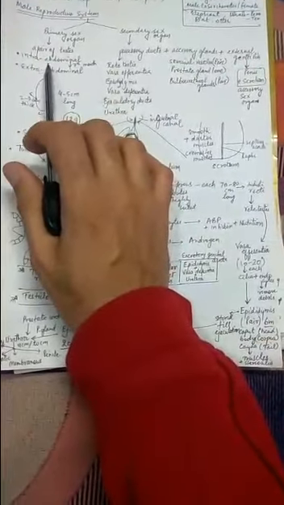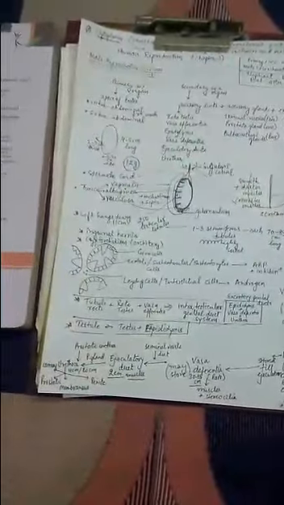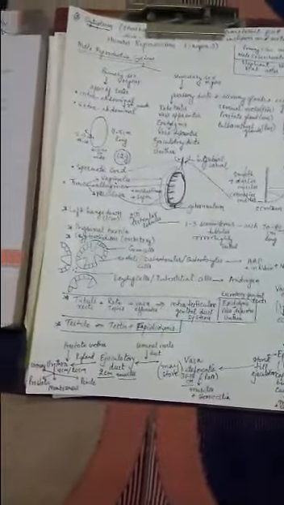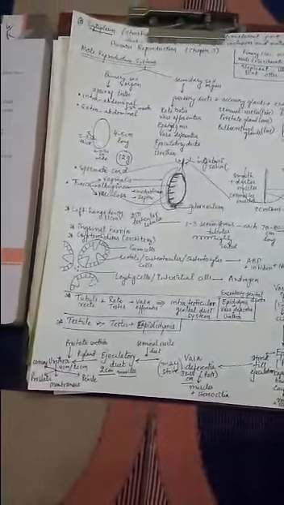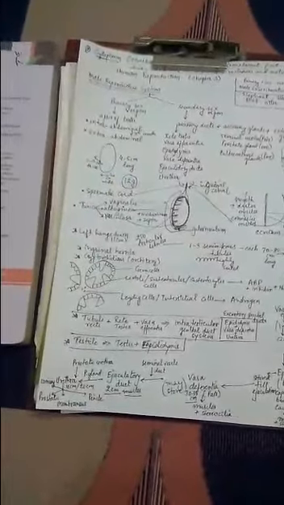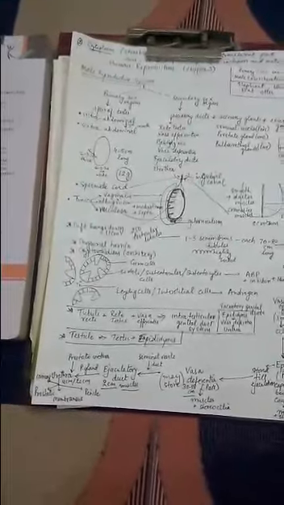To start with the main topic, let me remind you that the testes are positioned when a male baby, a male embryo or fetus, is developing inside the mother's body. During pregnancy, up to the 6th or 7th month, the testes remain inside the abdomen.